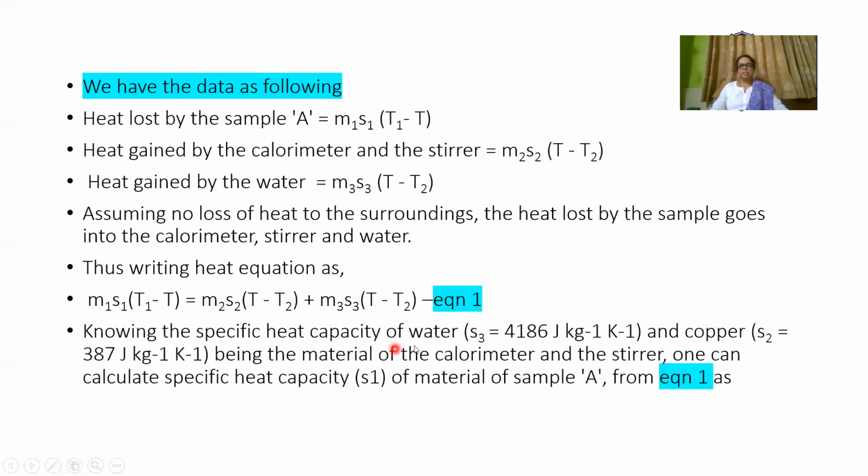Knowing the specific heat capacity of water, that is S3, which is 4186, and specific heat capacity of copper, that is S2, which is 387, one can calculate the specific heat capacity S1 from this equation.